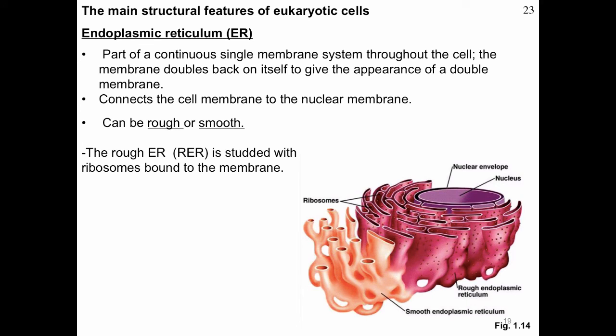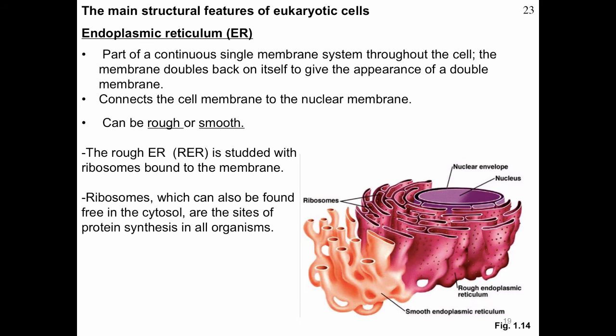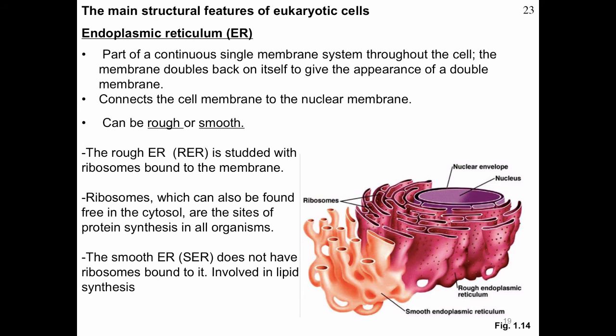The rough ER, or RER, is studded with ribosomes that are bound to the membrane. These ribosomes, which can also be found free in the cytosol, are the sites of protein synthesis in all organisms. The smooth ER, or SER, does not have ribosomes bound to it. It is often involved in lipid synthesis.